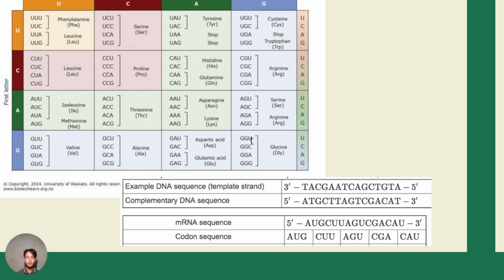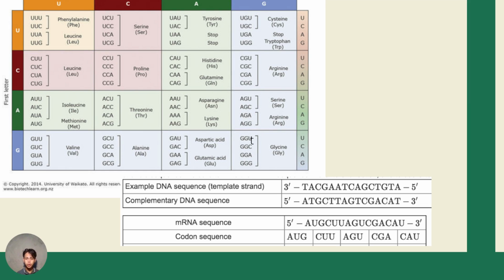Here naman sa mRNA sequence, parang the same lang siya sa complementary DNA sequence, except that we will change the thymine into a uracil. Kasi sa RNA, hindi involved yung thymine. So it is replaced by uracil.